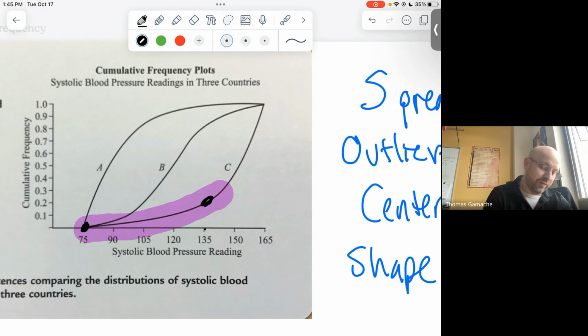We're only accumulating 25% of our data, which means only 25% of it's there. Then all of a sudden from 135 to about maybe 160, we shoot up. 75% of our data is right there at the end. That would end up being a really tall bar on a histogram. We're accumulating a lot of dots, which means in this case, we'd have a left skew.